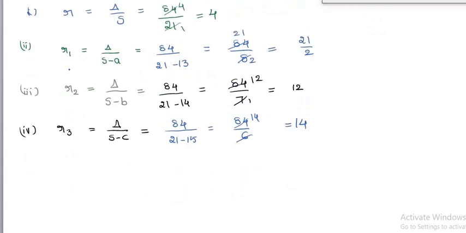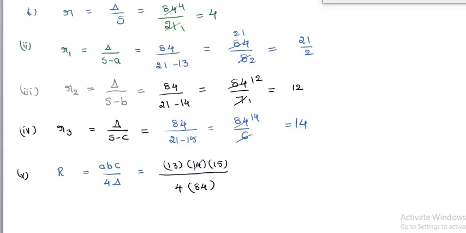The last, final value, fifth one, capital R is equal to, what is the formula? abc by 4 delta. So a value 13, b value 14, c value 15 by 4 into delta value 84.